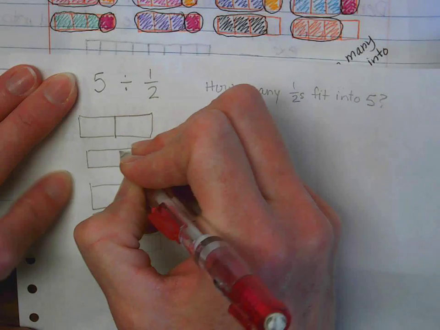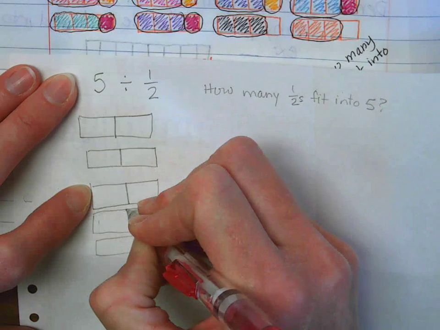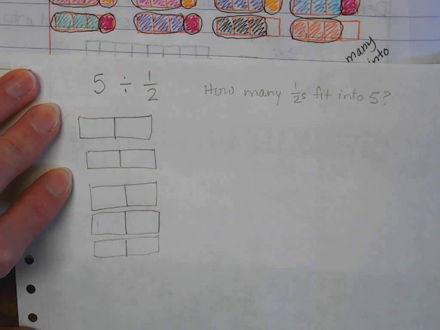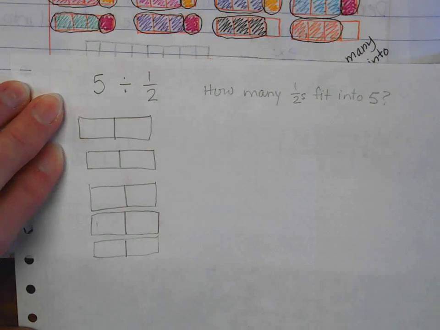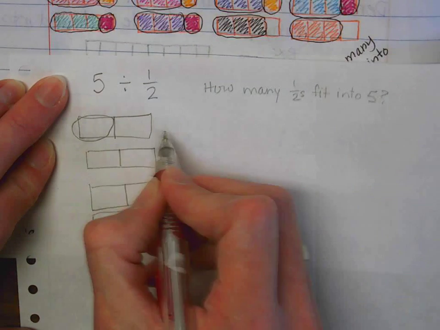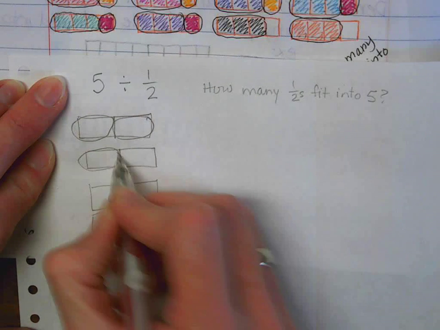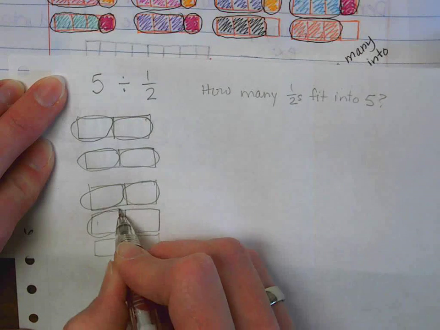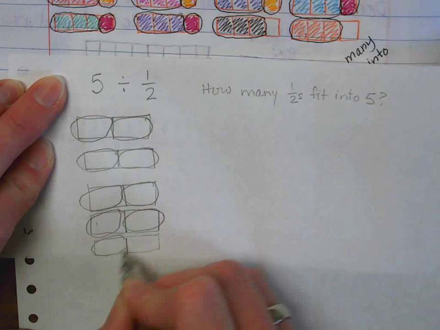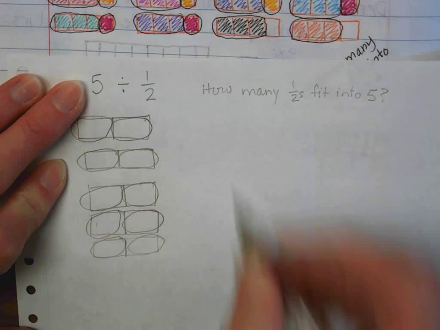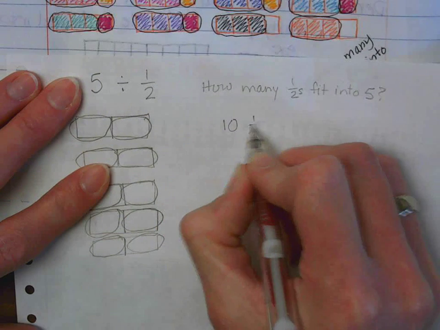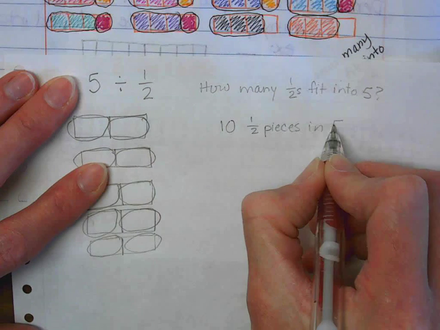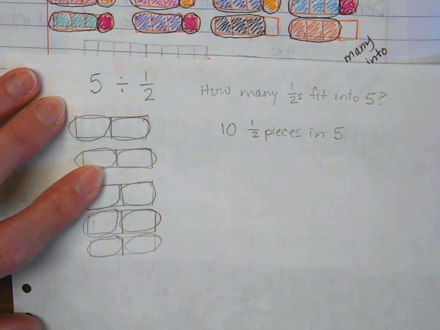So you're going to say, okay, this is a 1/2, this is a 1/2, this is a 1/2, this is a 1/2, this is a 1/2, and now I'm supposed to circle what I have, just like I circled the 3/4 up there. Now I'm going to circle the 1/2. So I have 1, 2, 3, 4, 5, 6, 7, 8, 9, 10. So there are 10 1/2 pieces in 5.